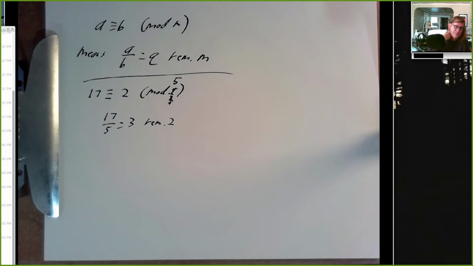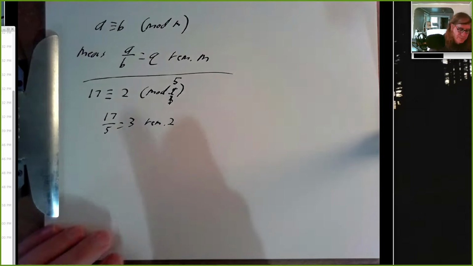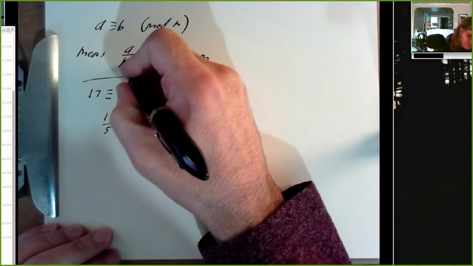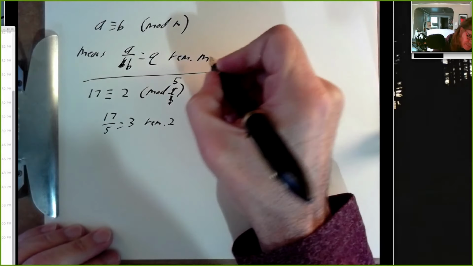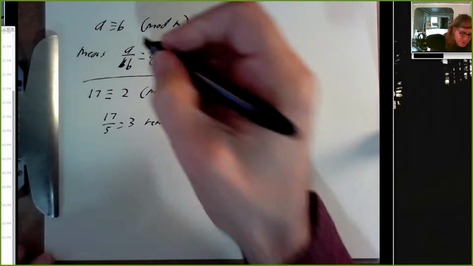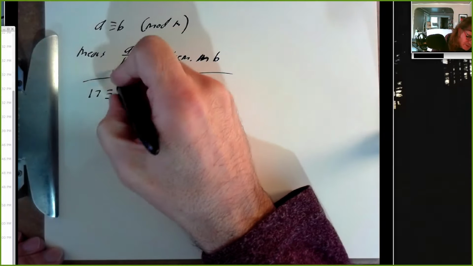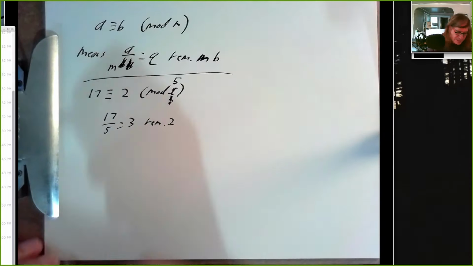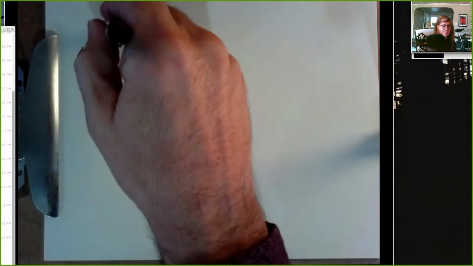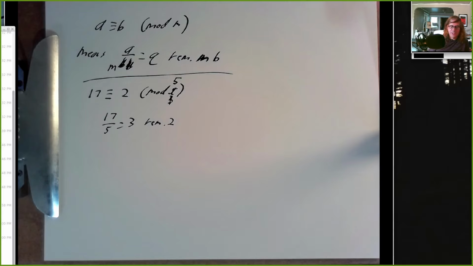So then, wouldn't it be A over M equals Q with the remainder of B? Yes. Thank you. It means that A divided by your modulus gives you some quotient with the remainder of B. You're right. Thank you.